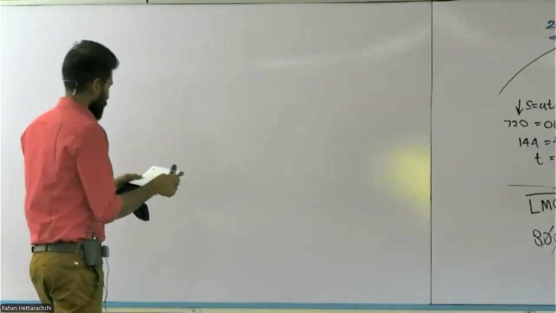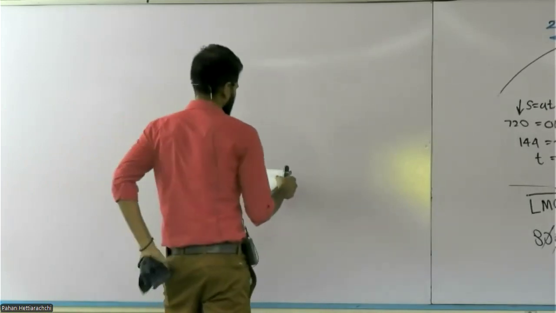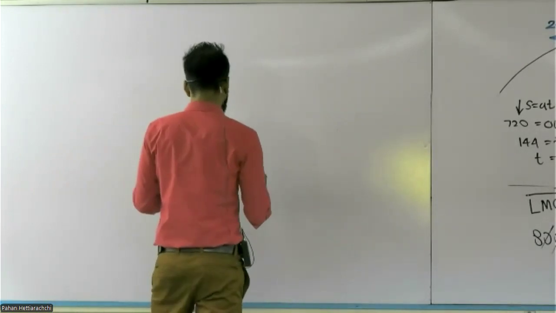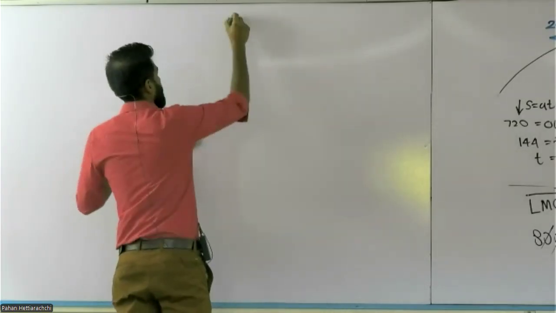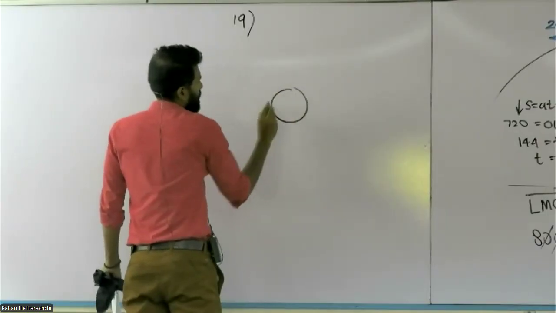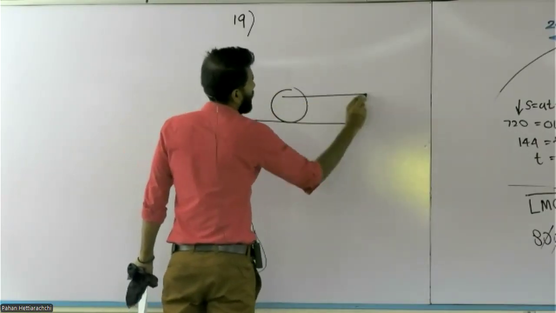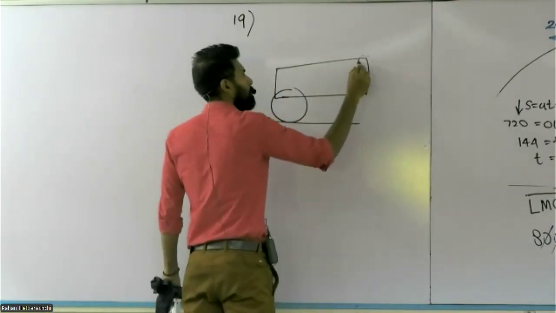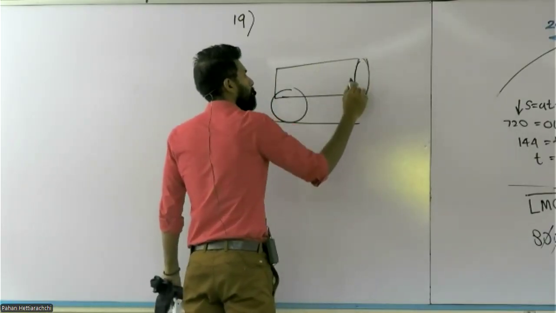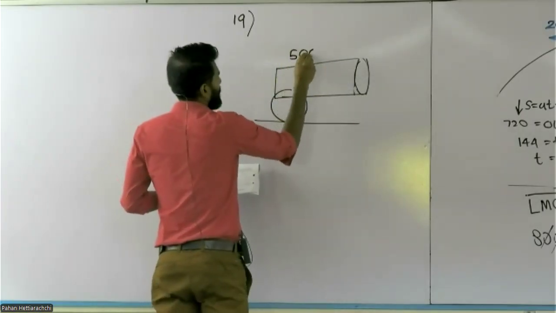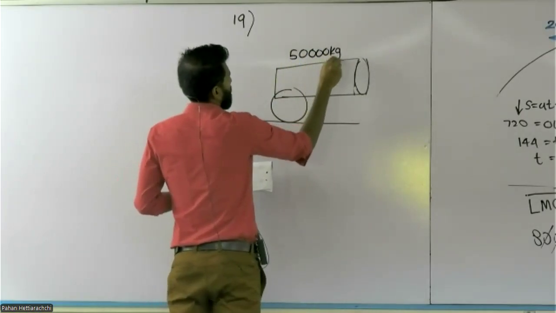I'm in question number 19. In question number 19, they mentioned a cannon. It has a mass of 50,000 kilograms.